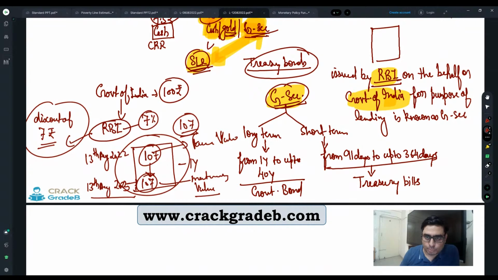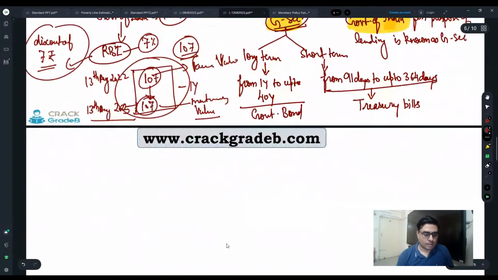So every bank is demanding it. Now RBI has two options. One option is first come, first served: those who come first, I'll sell the government securities to them. But rather than that, RBI is going to do an auction.